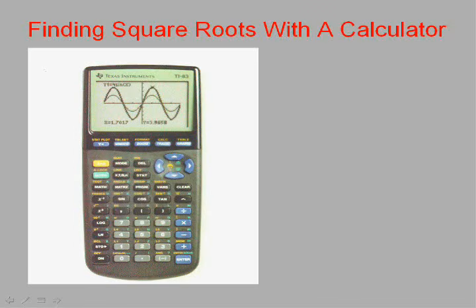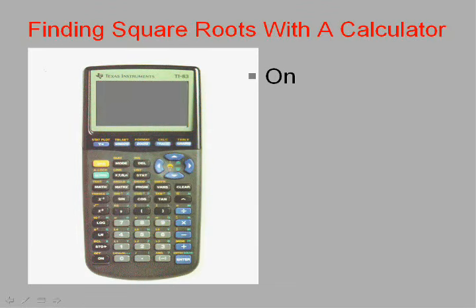Now, I think we already know how to find square roots with your calculator. We're going to use this button, the x squared button, in combination with the second button and the enter button. Turn that baby on, and basically we'd hit second x squared, and what would that do? That would give us the little square root symbol, and then you'd type the number that you want to take the square root of.